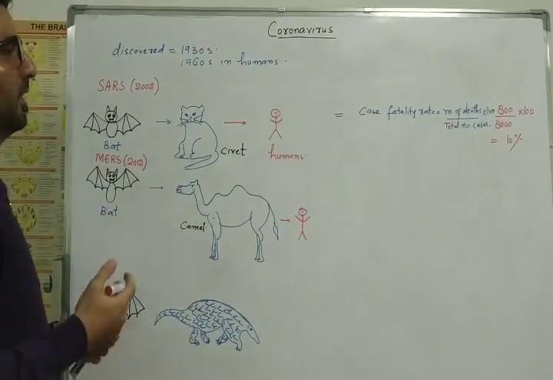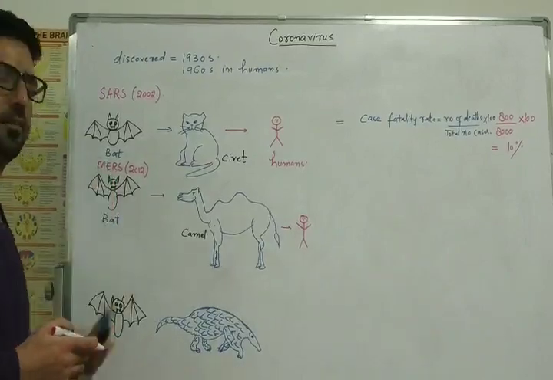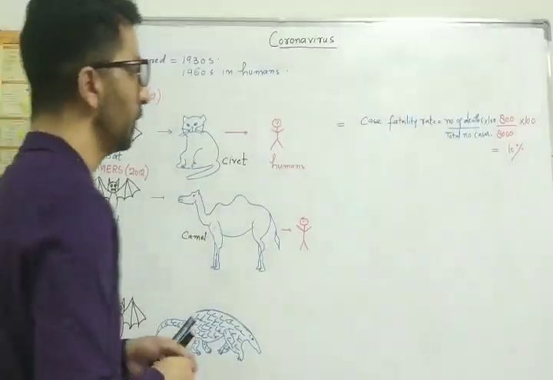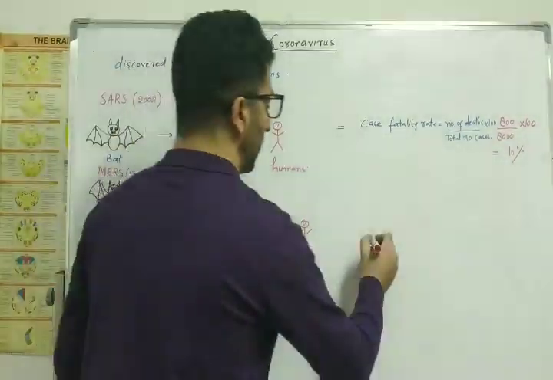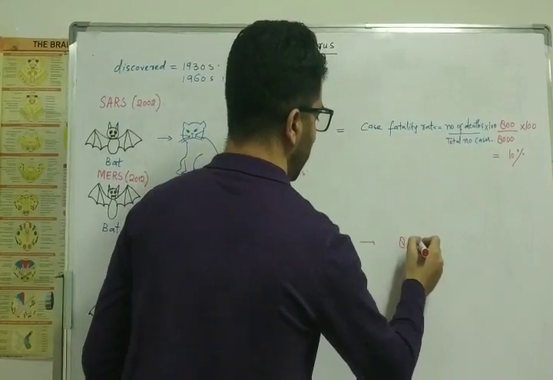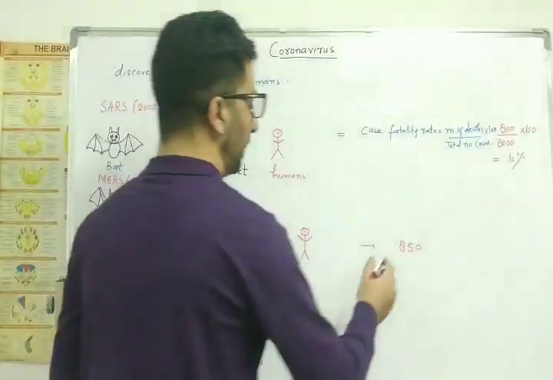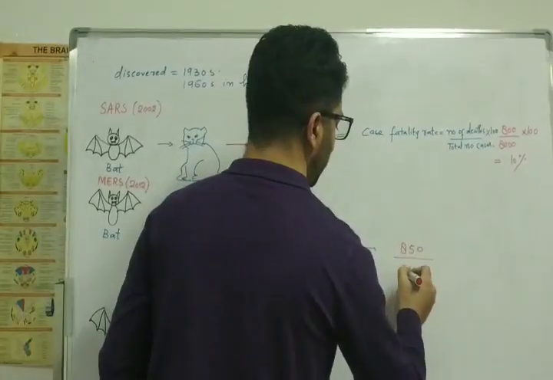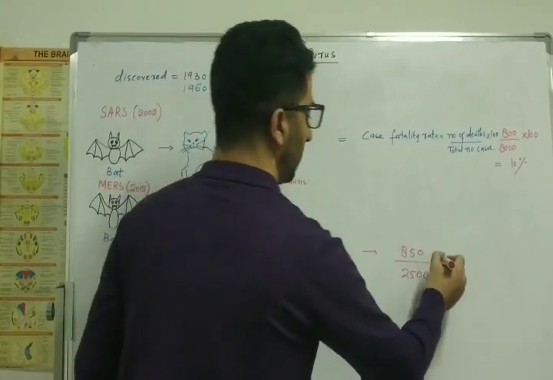So we have to find the case fatality rate during MERS. I will write it here. That time there were 850 deaths, and cases were 2,500, multiplied by 100.